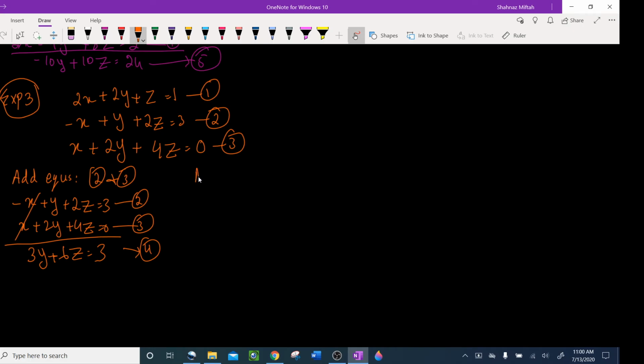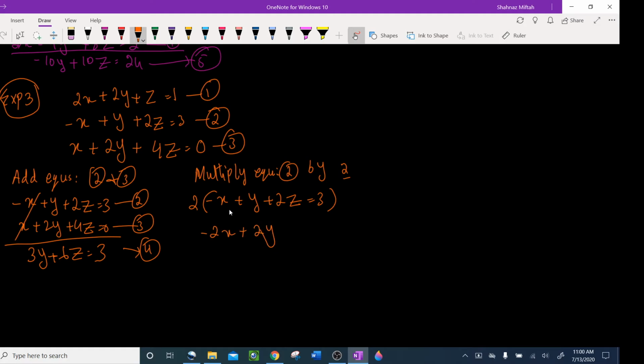So now multiply equation 2 by 2. So let's try negative x plus y plus 2z equal 3, and I'm multiplying this by 2. So I got negative 2x plus 2y plus 4z.